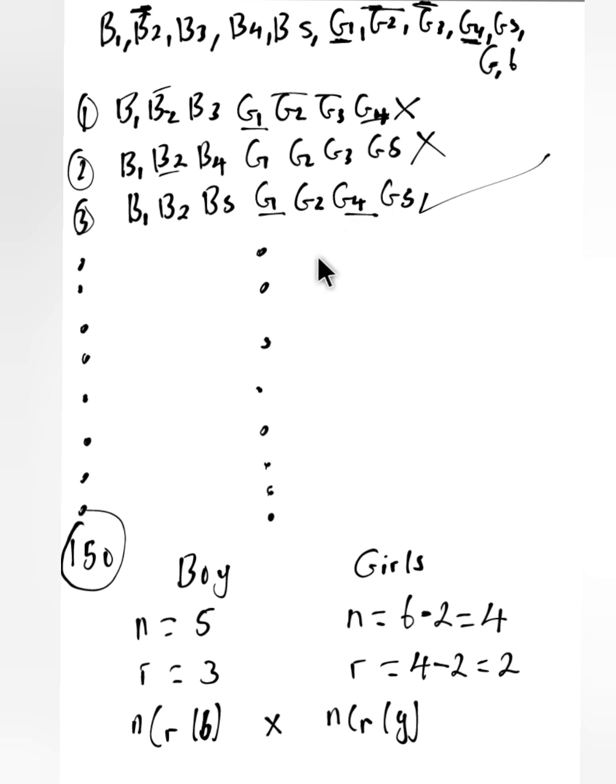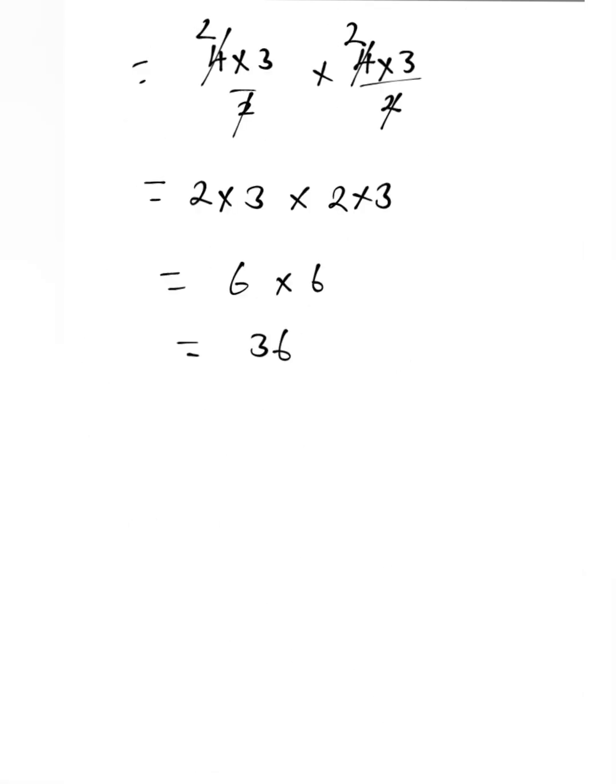So the number of committees that do not contain a particular boy and two particular girls will be 150 minus 36, which is 150 committees minus 36 committees that contain that particular boy and two girls, which is equal to 114. So there are 114 committees that do not contain a particular boy with two particular girls, and this becomes the answer.